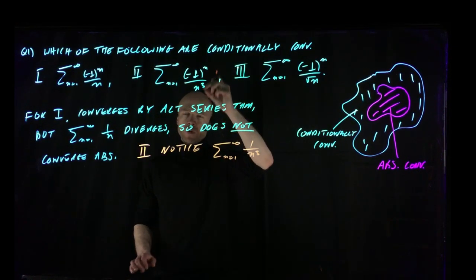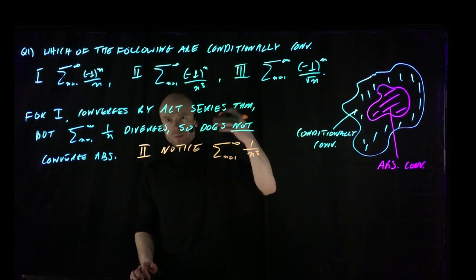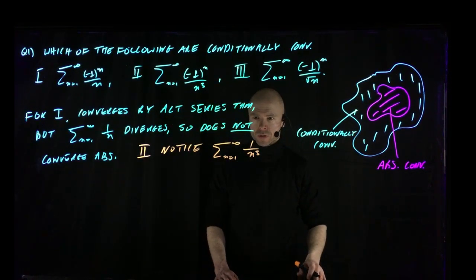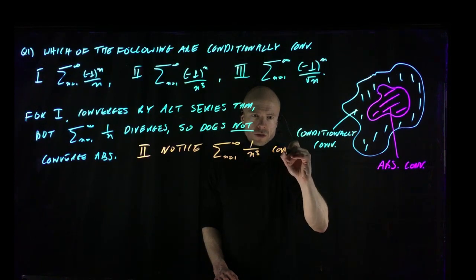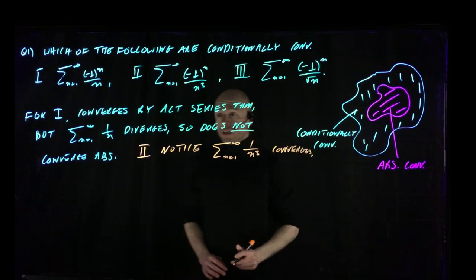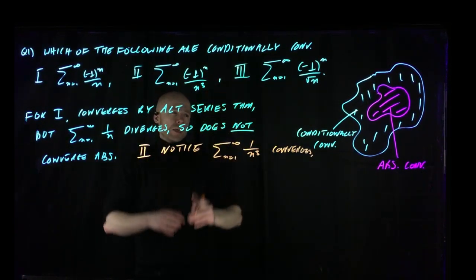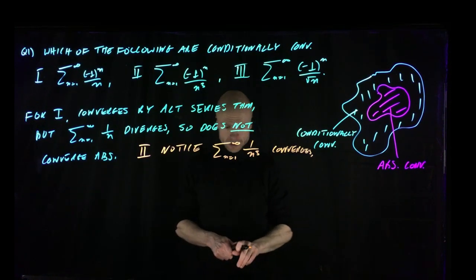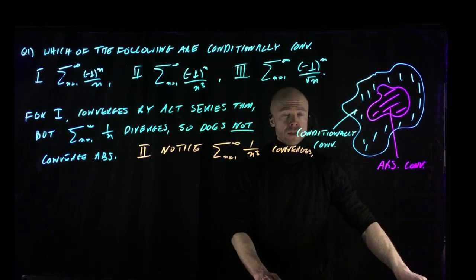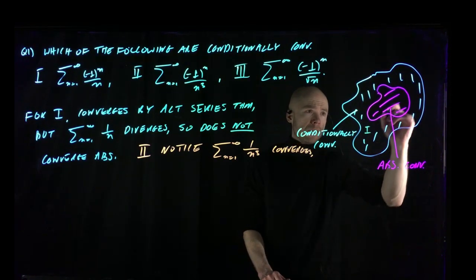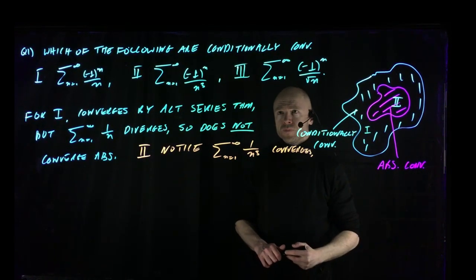If we have the sum of 1 over n to the p, if p is bigger than 1, then it will converge. And that follows just from the integral test. So not only does this thing converge, it converges absolutely. So this guy lives right here. So let's put in these guys. This is where series 1 is, and series 2 is right here.